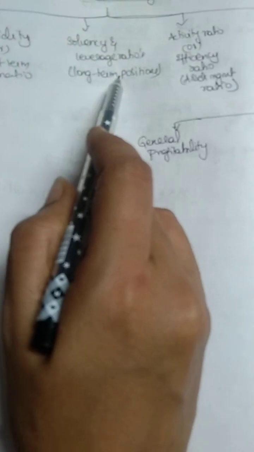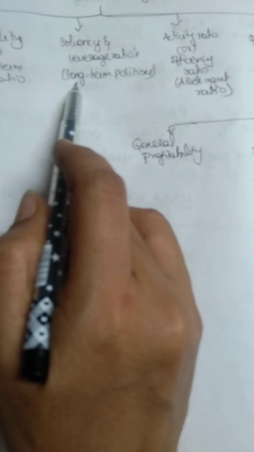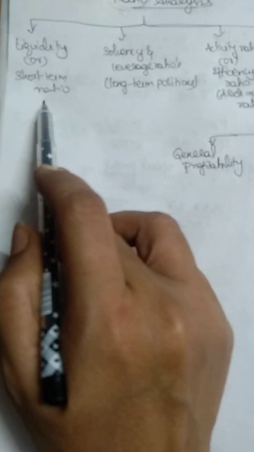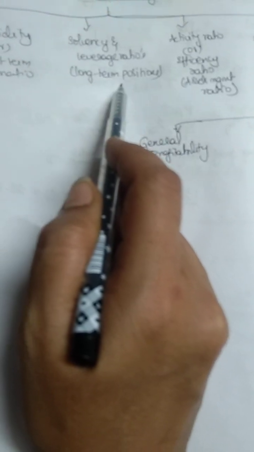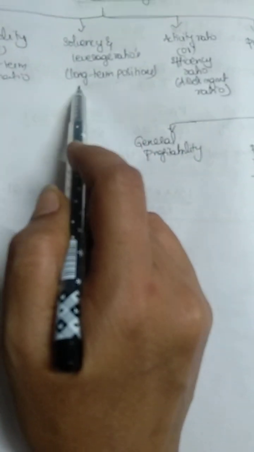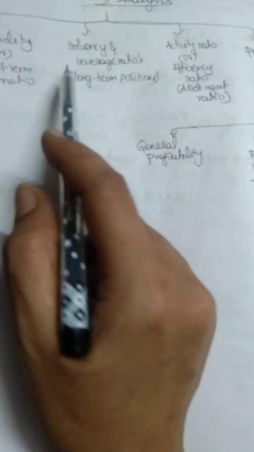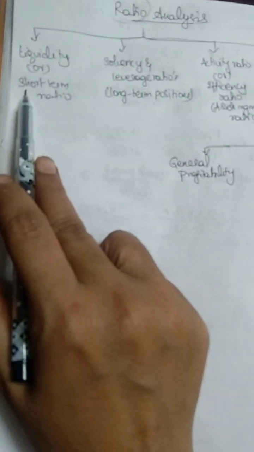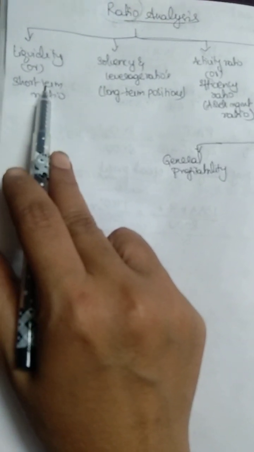The second category is solvency, or what we call leverage ratio. Obviously, when one is short term, the other is the long term position. This is going to cover the total long term part of the balance sheet. The liquidity ratio covers the lower portion, the current assets and current liabilities combination.